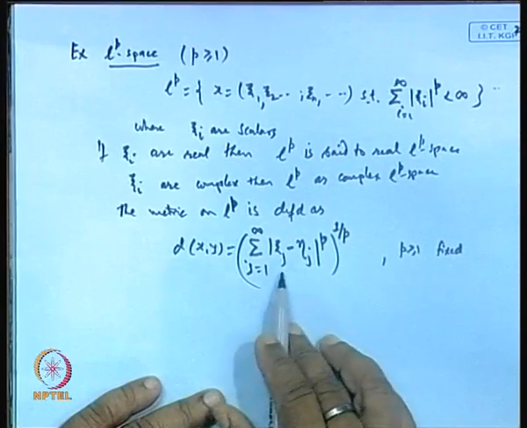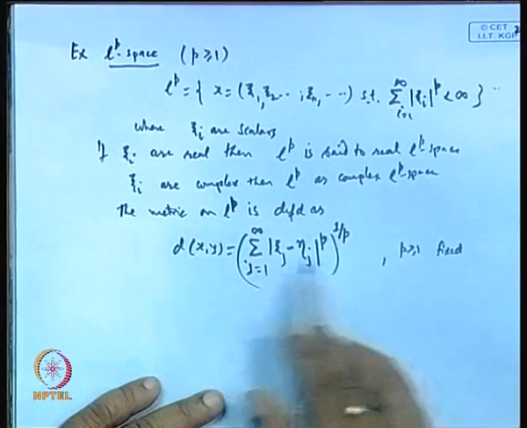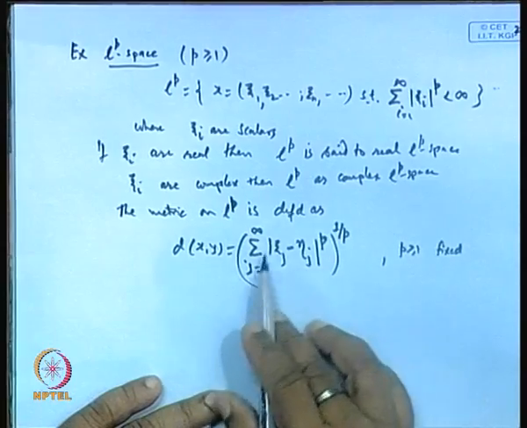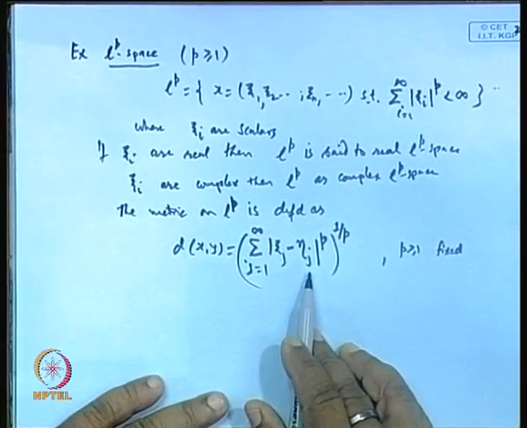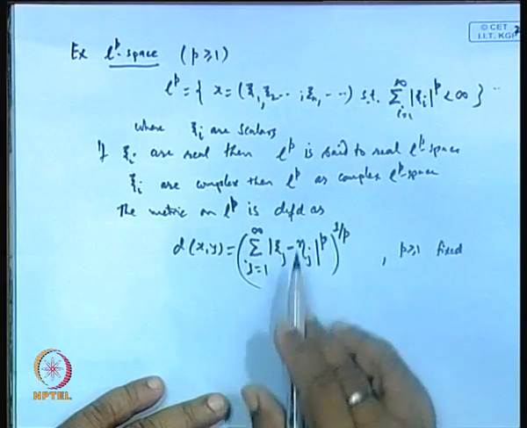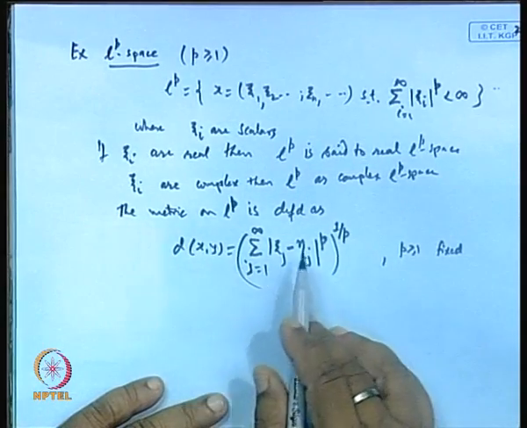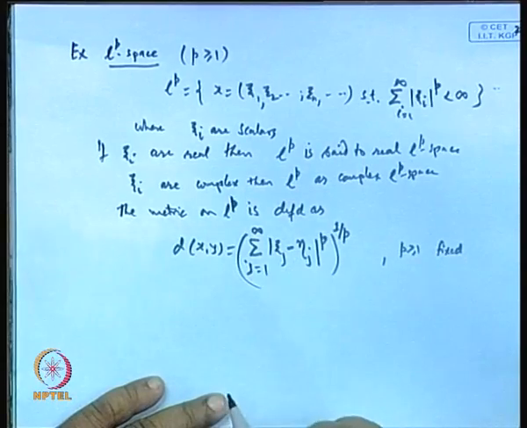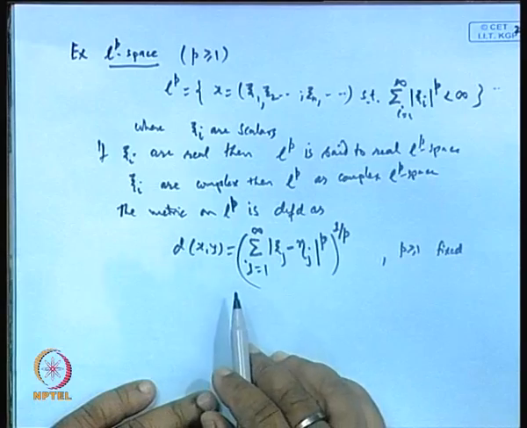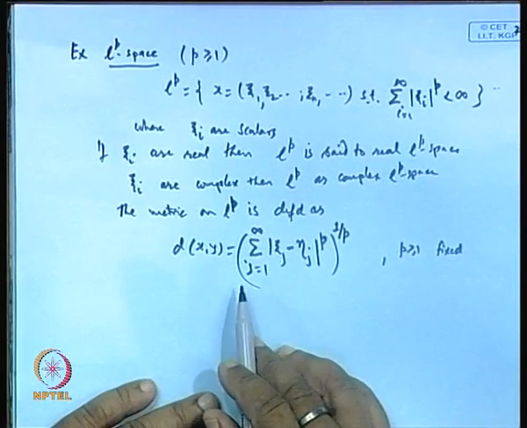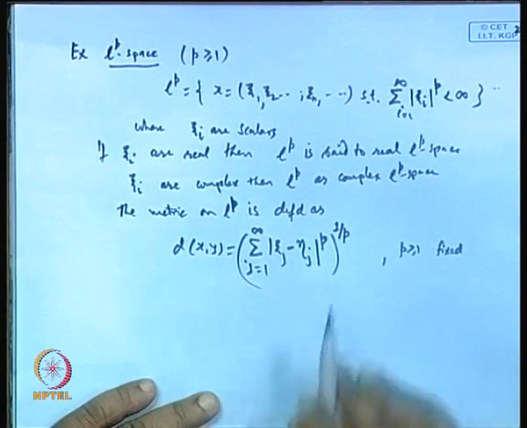If I interchange the position, there will be no change. If d(x, y) is equal to 0, then obviously each individual term will be 0 and ξj will be equal to ηj. So, x is equal to y, and vice versa is also true. The fourth property, that is the triangle inequality, again requires the use of the Minkowski inequality.